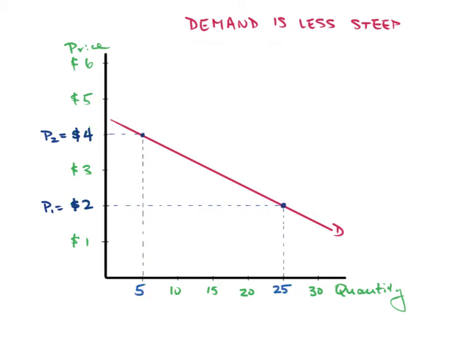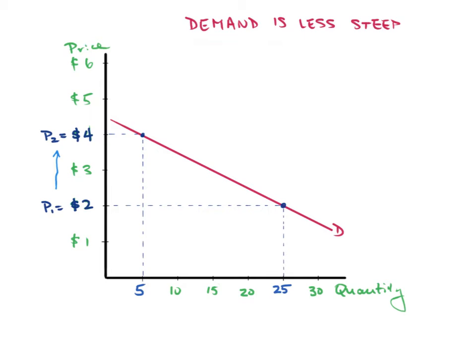So for this demand curve, increasing the price, basically doubling the price, causes demand to drop to a fifth. You should get the idea. This is a big change in quantity demanded, right? It's gone from 25 to 5. Relatively speaking, that's a big, big change in quantity demanded.